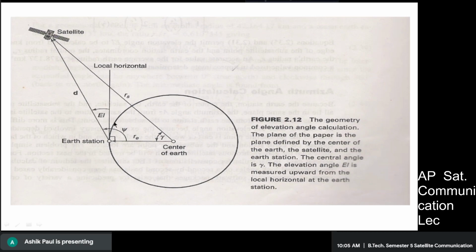Okay, and the distance between the center of the Earth and the satellite is RS. That means it includes the orbital altitude of the satellite plus the radius of the Earth. This angle gamma is often referred to as the central angle.